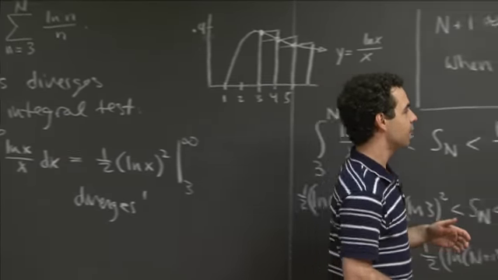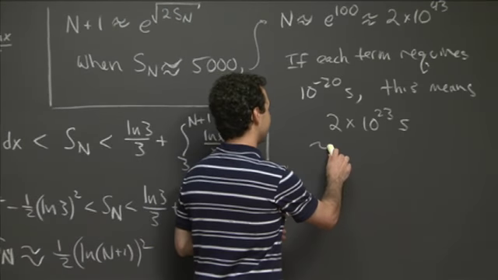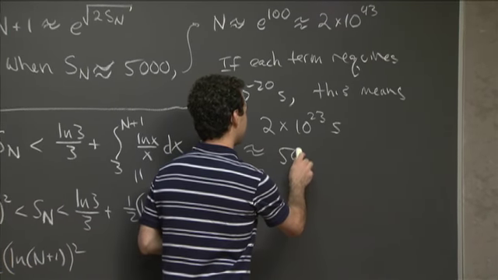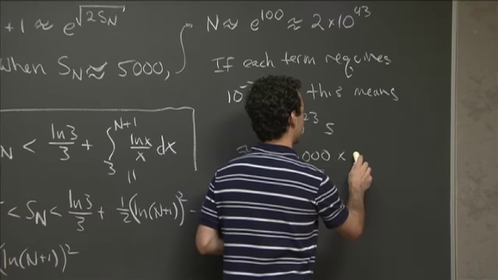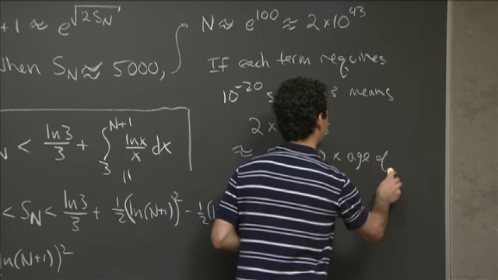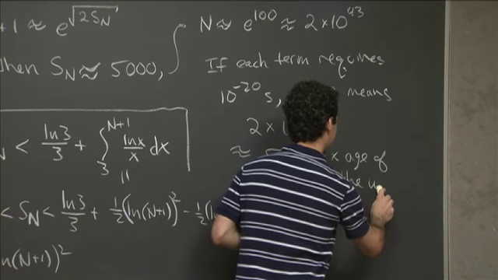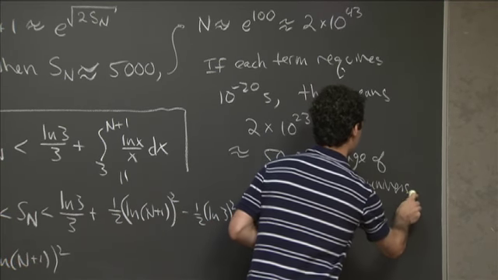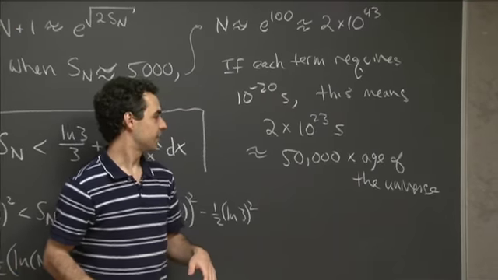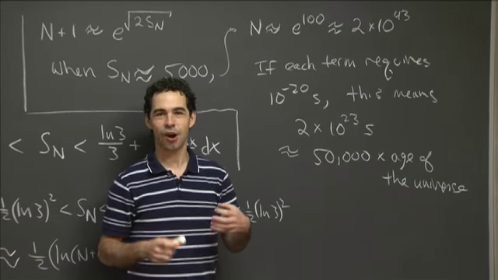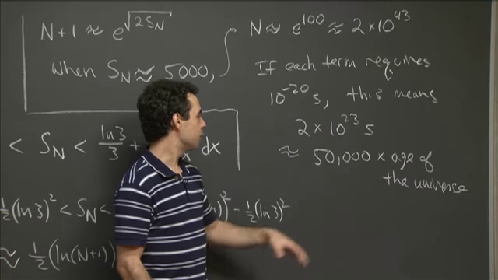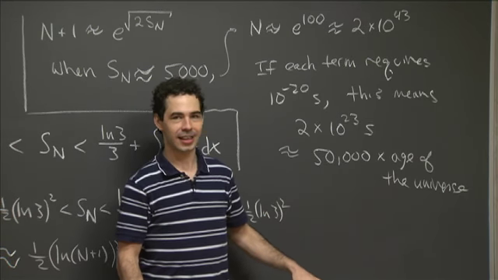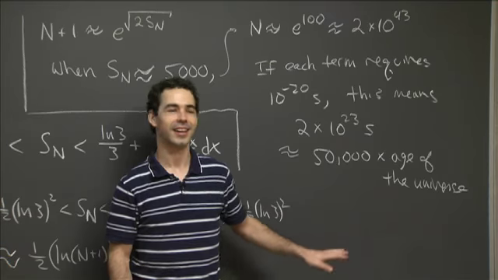So just to see, I have this written down here. For comparison, this is about equal to 50,000 times the age of the universe. So if you harnessed all the computing power on Earth, you could probably get this done in a few billion years.